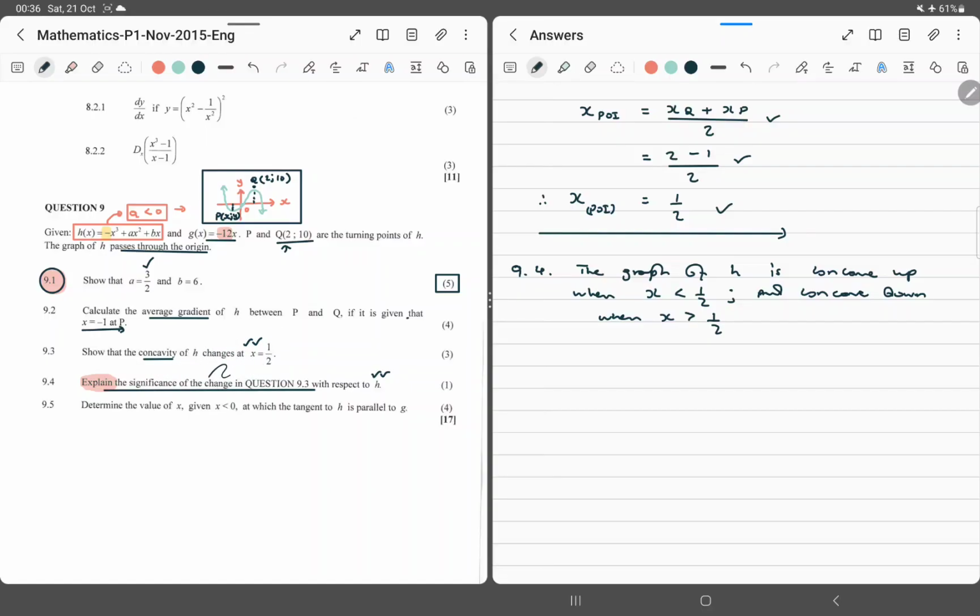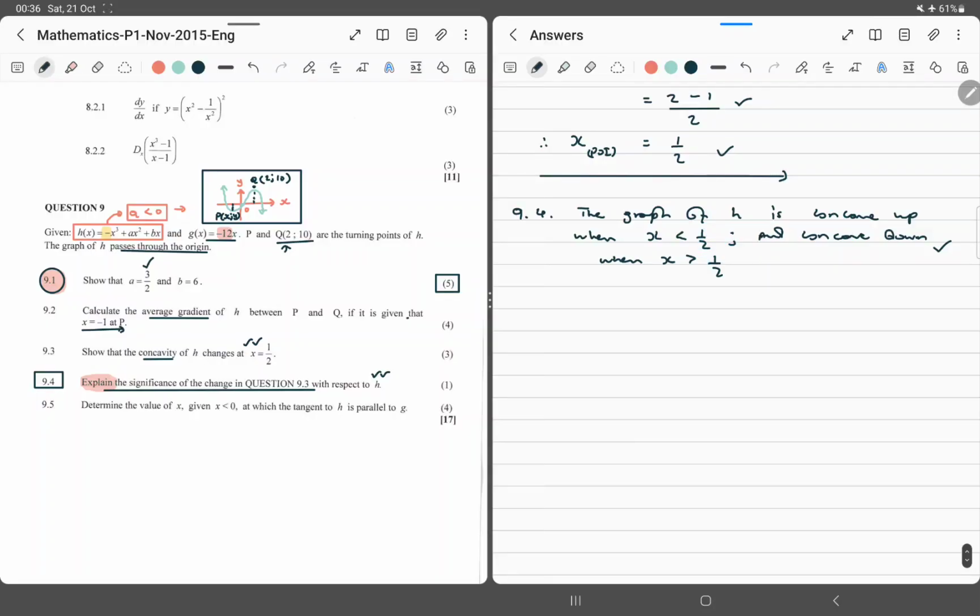It tells us about whether the graph is concave up or concave down. So I think that is essentially what this is all about. We're getting 1 mark for all of that. Again, it's a pretty vague question, so please double check with the actual memo and see how they explained this, because sometimes with questions as vague as this, you can see how they say it themselves, and then learn a proper way of saying this.